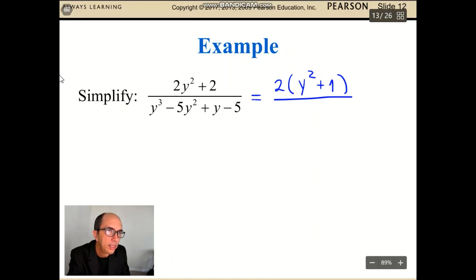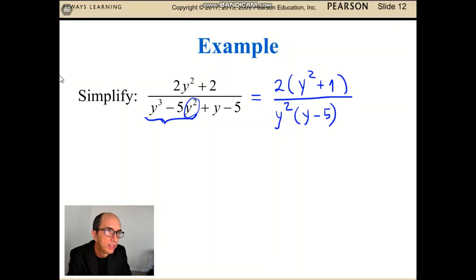And underneath here we're going to factor this out, because we can identify that we have y squared that you can factor out. Y squared times y minus 5, plus y minus 5.